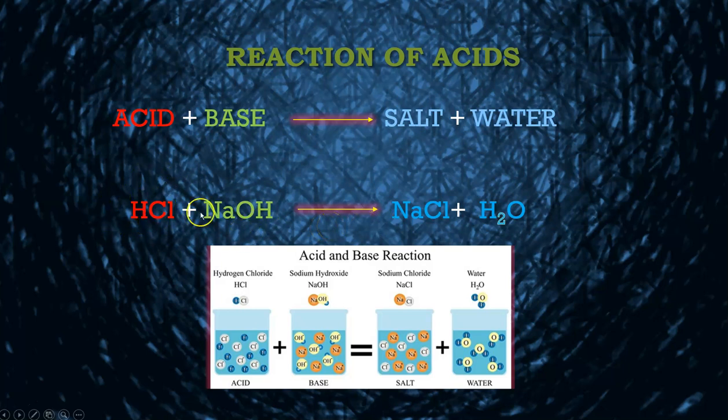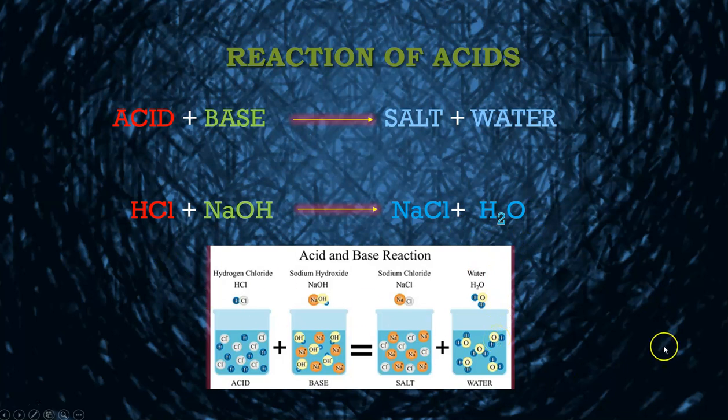As HCl increases in its pH and NaOH decreases in its pH, they are brought to the pH of NaCl, which is 7, and that of water as well. So the products formed in this reaction are NaCl and H2O, which both have a pH of 7.